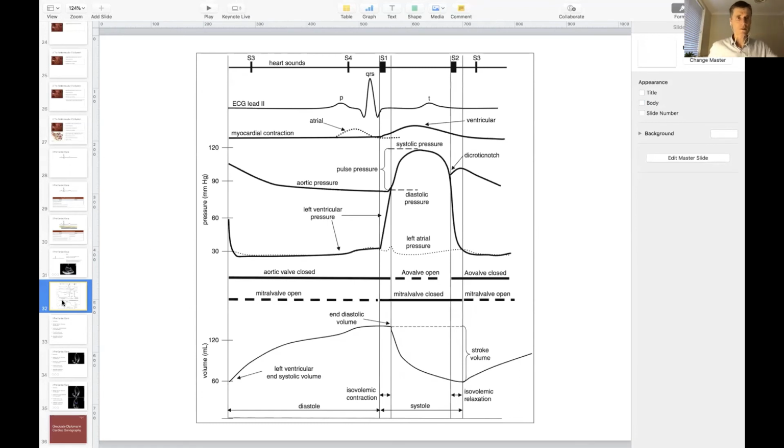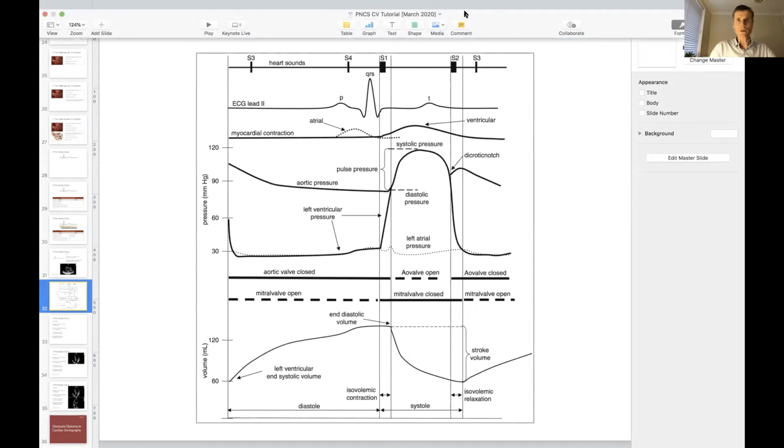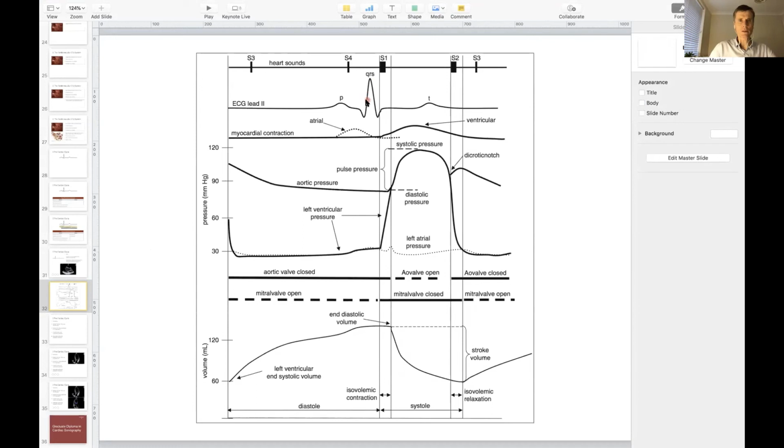This slide looks a little bit daunting, but I'd just like to highlight a couple of things here. Again, we've been talking about ECGs. See the P wave, QRS complex, T wave.